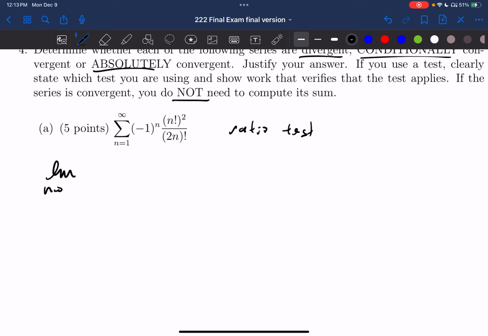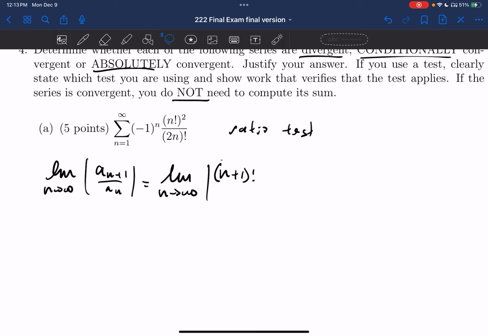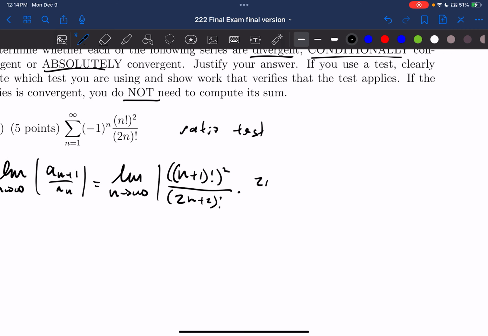The limit as n goes to infinity of the absolute value of a of n plus 1 over a of n. This is going to be equal to the limit as n goes to infinity of, we can ignore this term right here because the absolute value cancels it out basically. This will be n plus 1 factorial, all being squared, over 2 times n plus 1, which is 2n plus 2 factorial, times 2n factorial, all over 2n factorial.